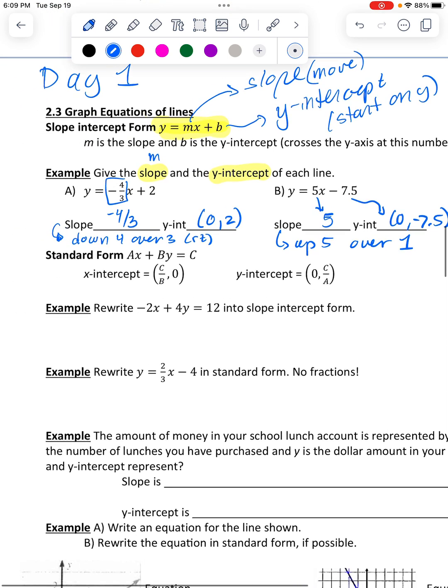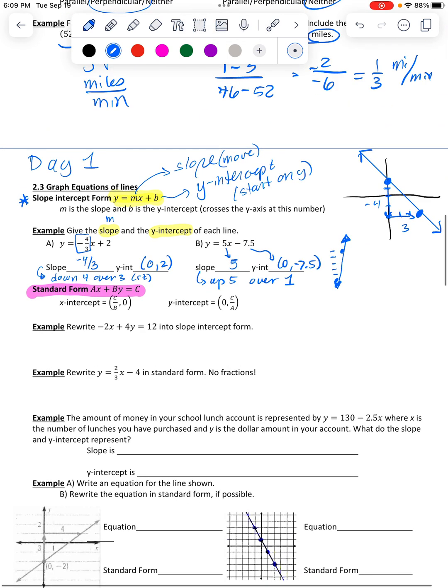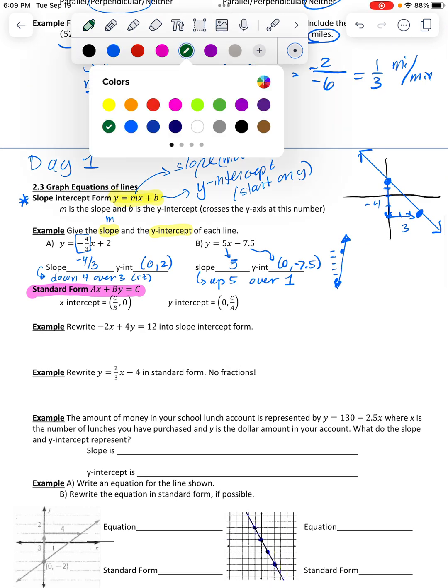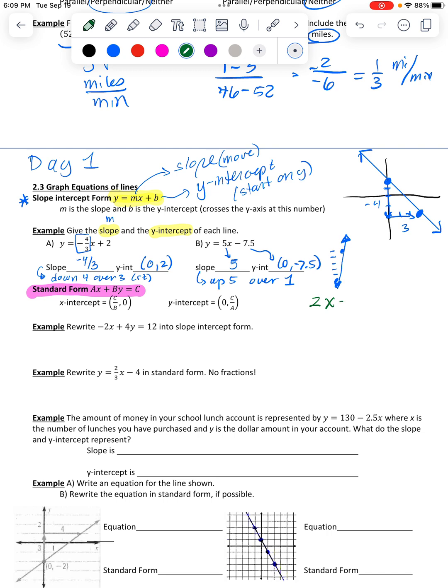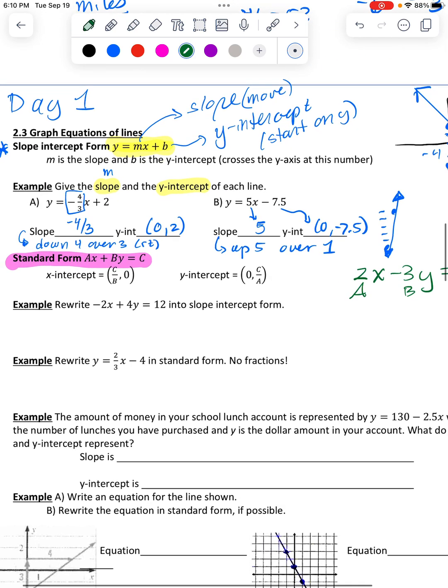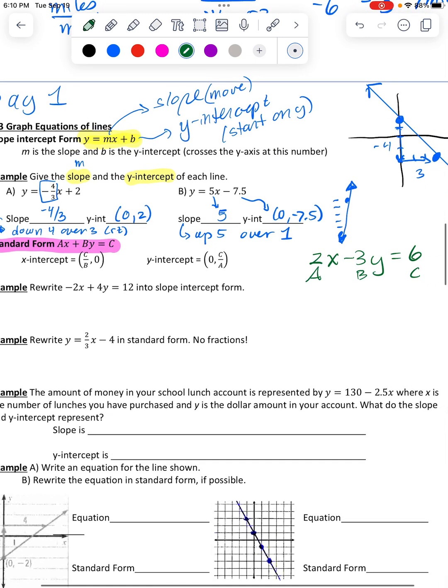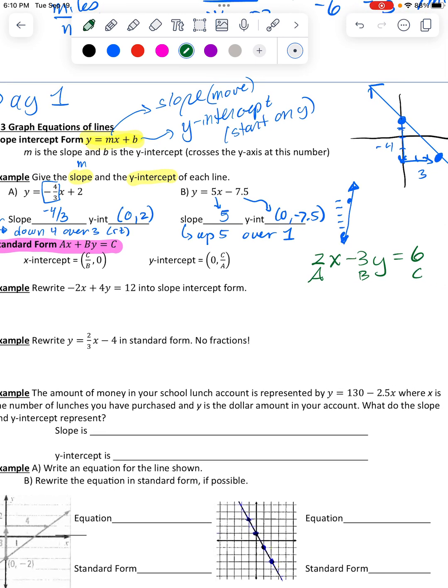So that's slope-intercept form, and then the other form that you're going to be asked to know is called standard form. Standard form is when you have like a number in front of x. So I'll just show you an example. Like say I had 2x minus 3y equals 6. This is what they mean when they say Ax, By, and C. They're just the numbers in front of the x and y, and then a constant, meaning just a number on the right.